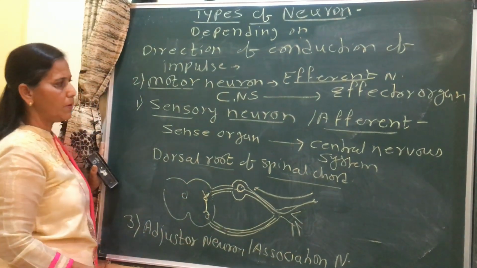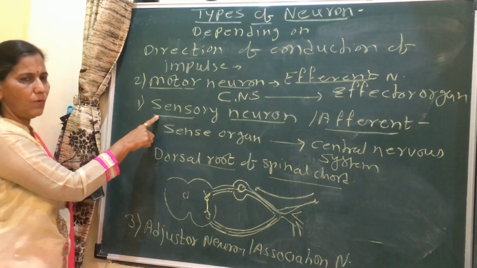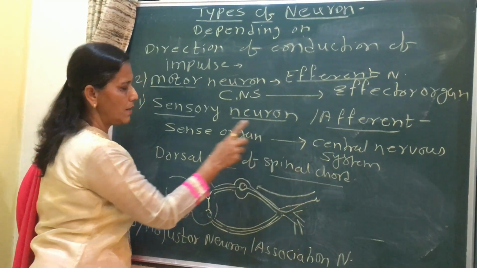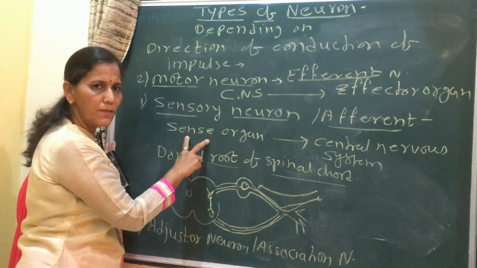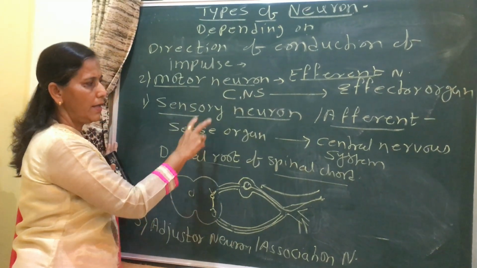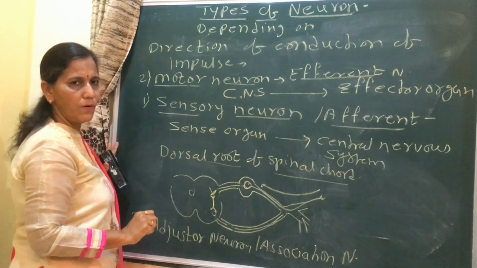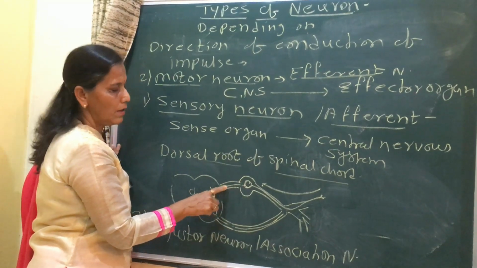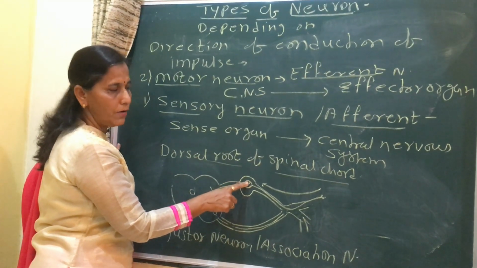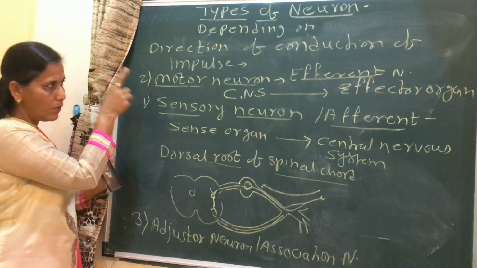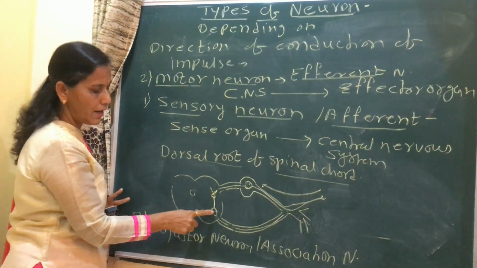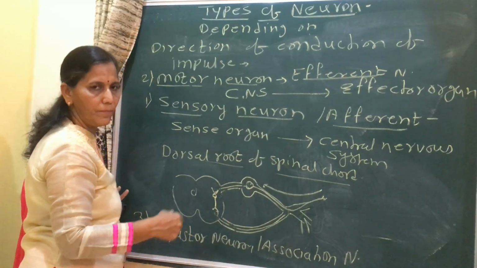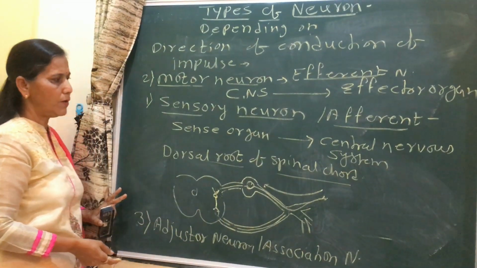So three types of neurons are there. First, the sensory neuron, which carries impulse from the sense organ towards the central nervous system. They are also called afferent neurons, and the cell body is located in the dorsal root. Next, the motor neuron, which conducts impulse from the CNS up to the effector organ, the organ which gives the response.